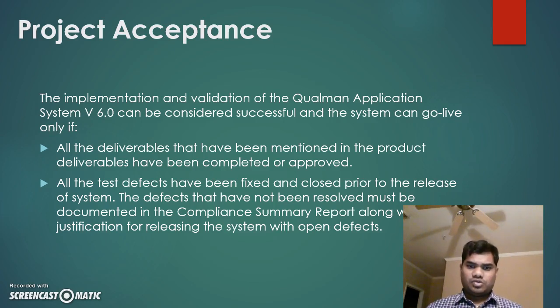The implementation and validation of the Qualman system can only be considered successful if all the deliverables mentioned in the project have been completed and approved, within the specified date and within the specified budget, and the project can only go live if all the test cases are passed and all the test defects have been fixed and closed before the release of the system.